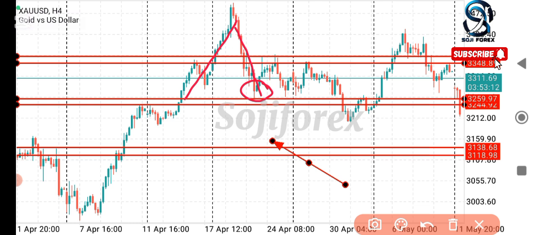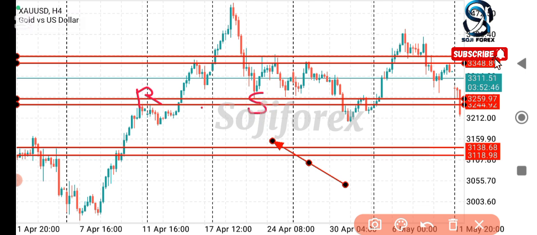Previously at this point, this zone was a resistance. So immediately price broke out of it from this point and retested it here, it automatically becomes a support zone. So you can see how this zone that was previously a resistance here becomes a support.